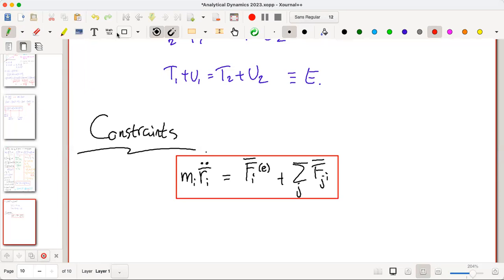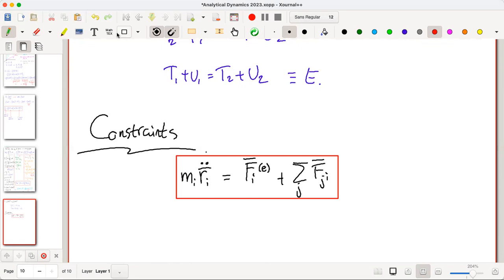But in most cases, knowing the equations or knowing what forces are involved in a system is not sufficient. Or another way of saying it, there may be forces that we cannot know, that we cannot express as an equation.